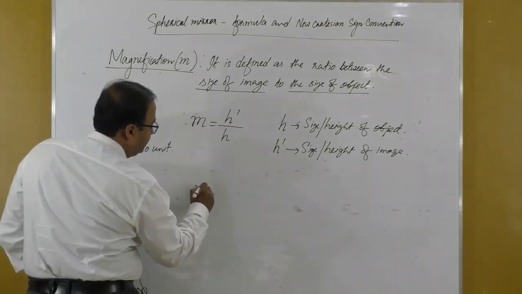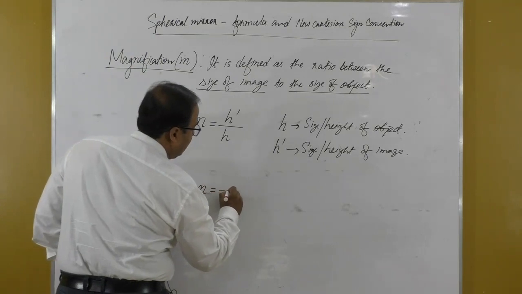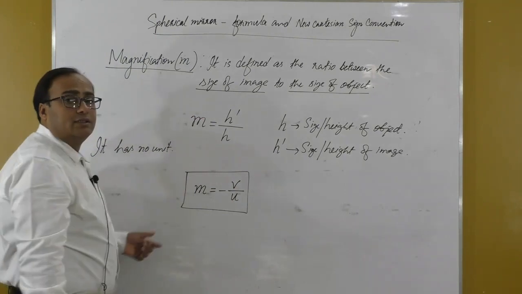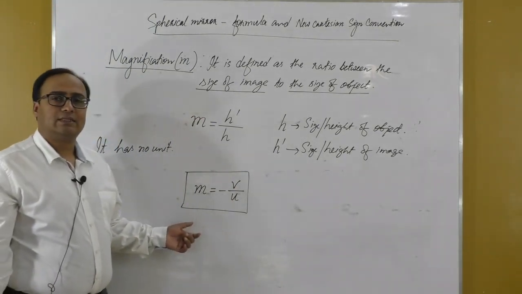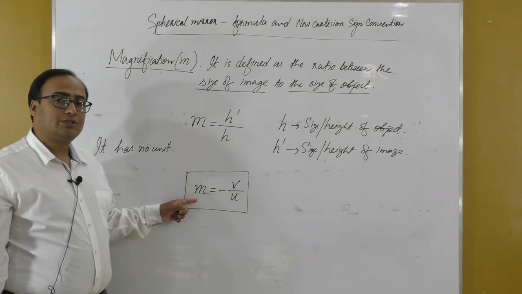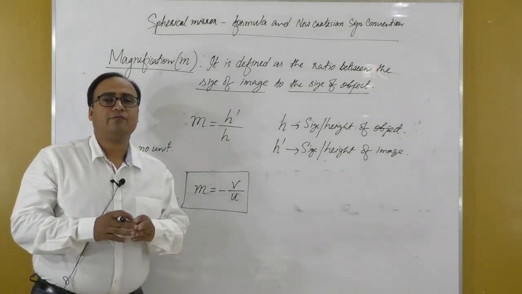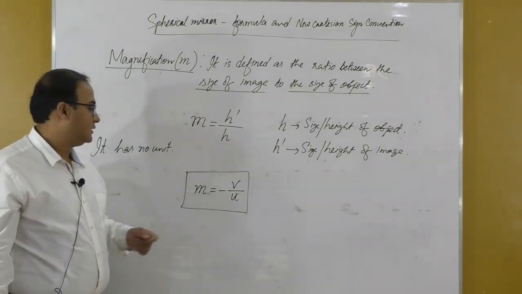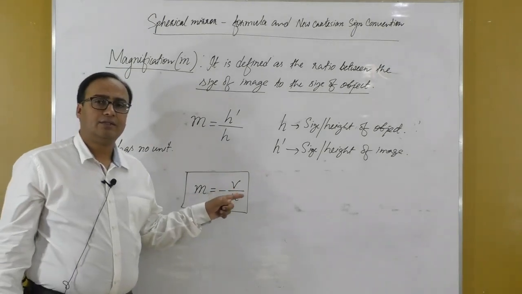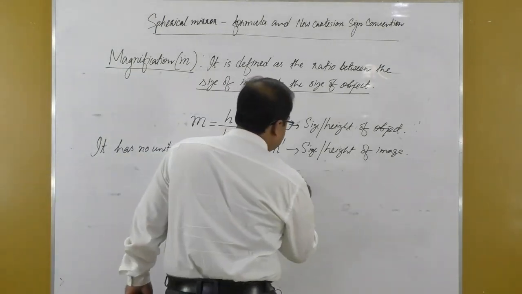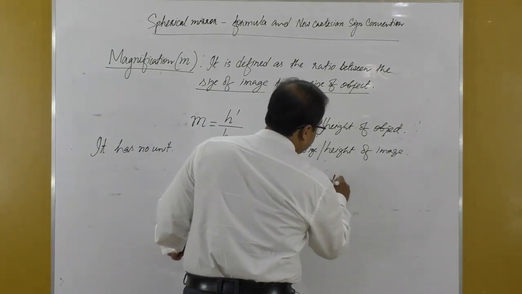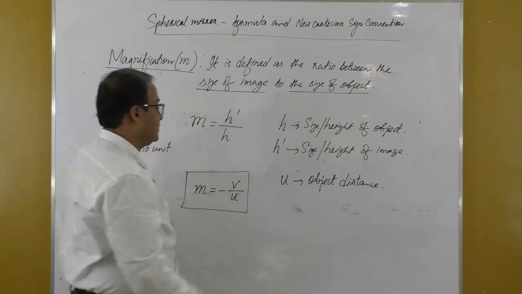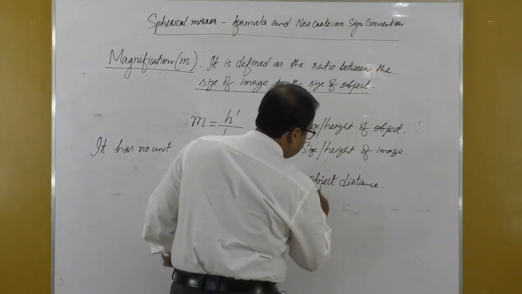Magnification is given by another formula, m equals minus v by u for spherical mirrors, and the proof of this formula will be discussed in higher classes. It is not given in the class 10 syllabus. Here u represents object distance and v represents image distance.